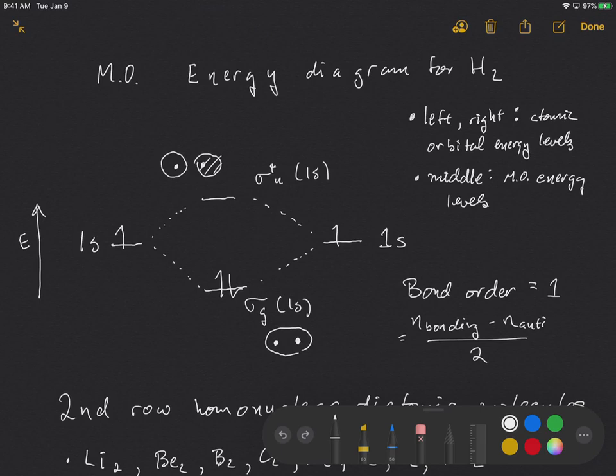Another thing we notice is we started with 2 atomic orbitals and we end up with 2 molecular orbitals. And this is a general rule. The number of states is conserved when we go from atoms to molecules. So if we have 2 1s atomic orbitals, 1 for each hydrogen atom, then we're going to have 2 corresponding molecular orbitals.